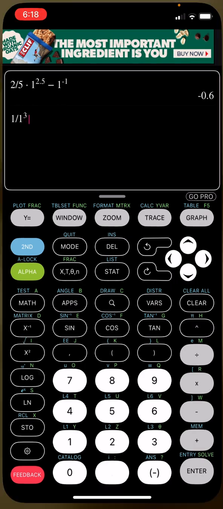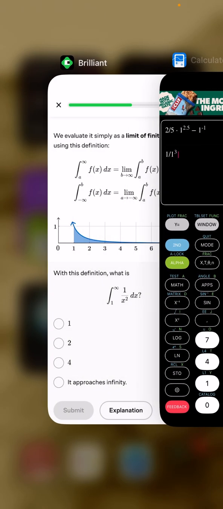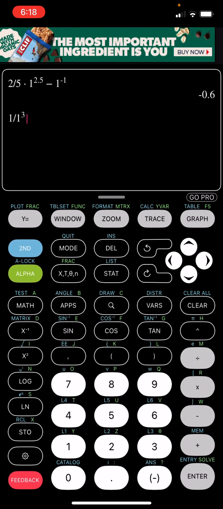What should that be? 1 divided by 1. 1 divided by 1 to the third power.